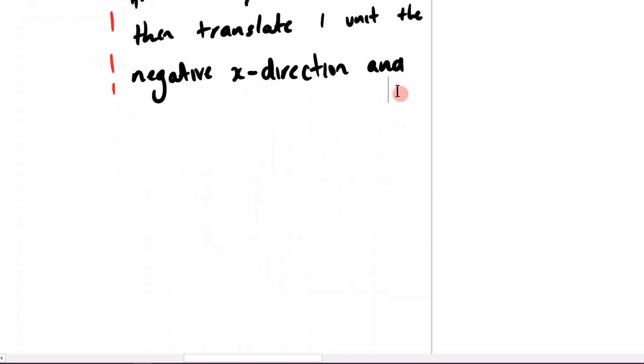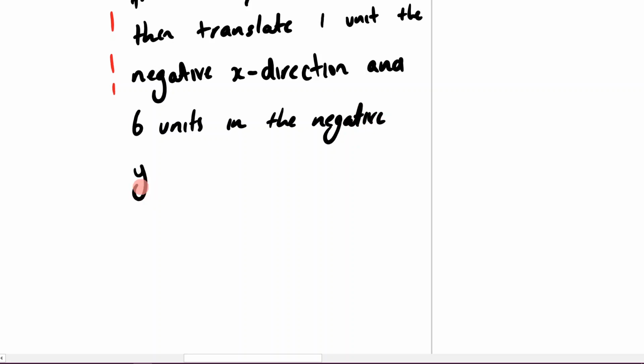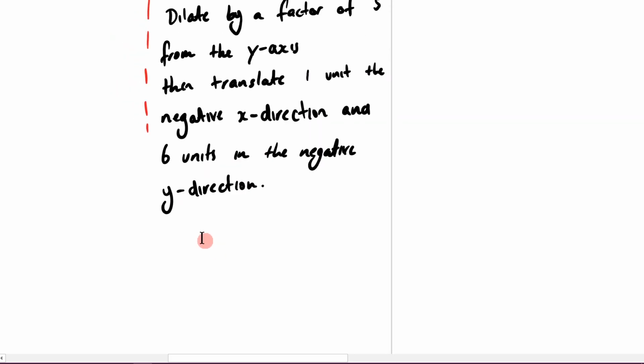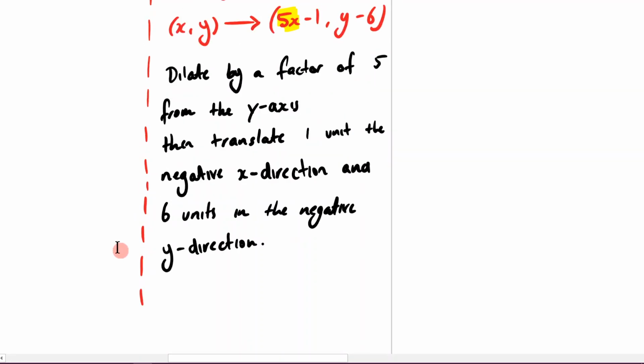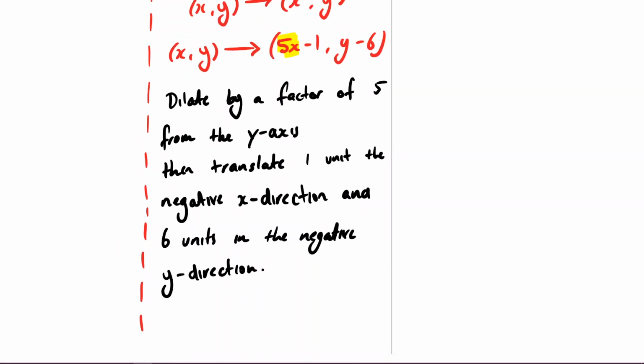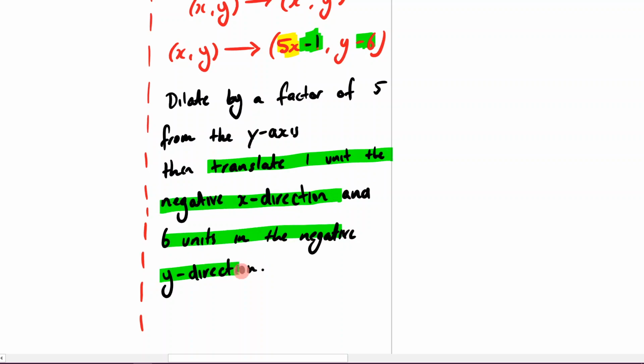Let's scroll down. Perfect. Let me just tidy this up a bit. Keep going down. So as you can see, this corresponded with translate 1 unit in the negative x direction, and 6 units in the negative y direction.